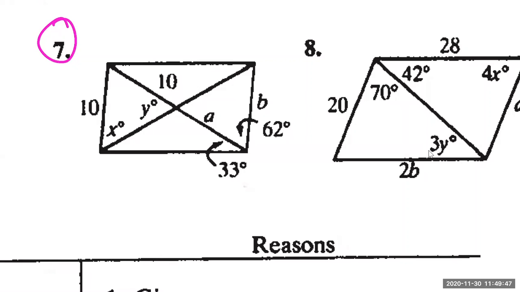It's a segment. Okay, so if you notice A is this segment right here. There's no degree symbol. So if the diagonals bisect each other, then it should be equal to 10.